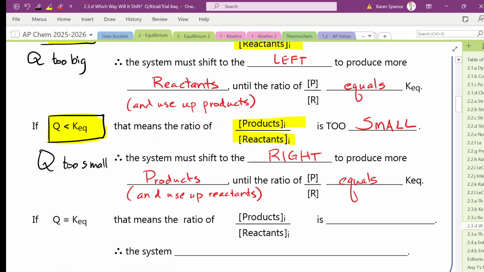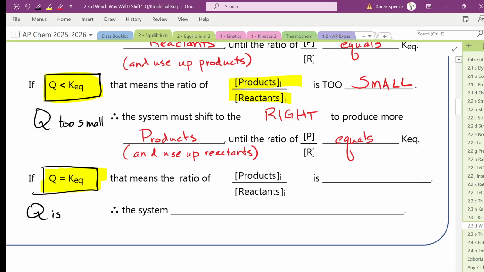And if Q is equal to Keq, then Q is just right.